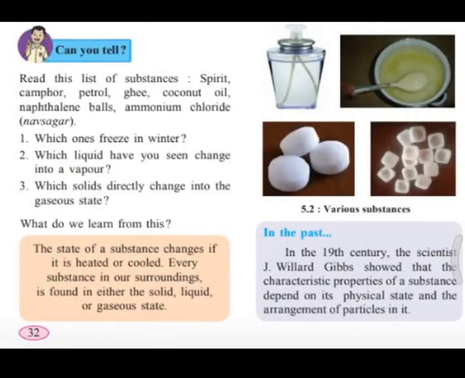Now, here is a list of substances. The first one is spirit. Next, camphor. Next, coconut oil. Naphthalene ball. Ghee and ammonium chloride, that is Navasagar. Now you might have observed, right?